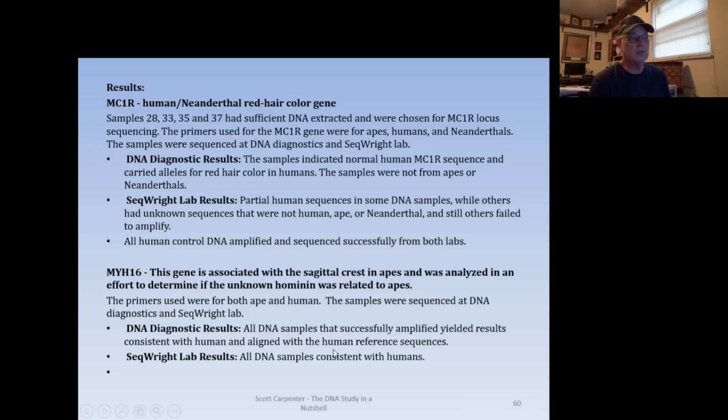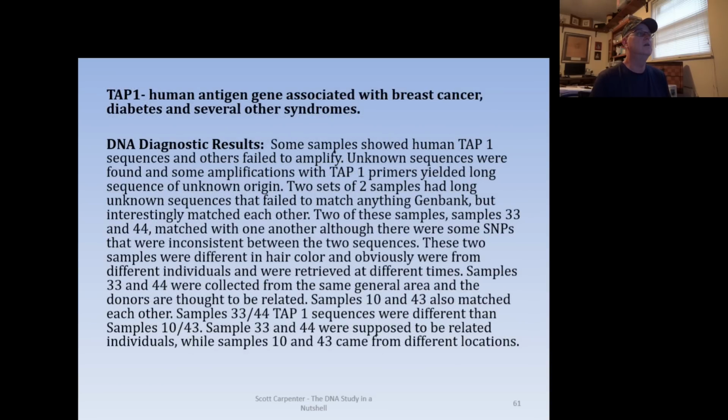In other words, they weren't apes. In the Sasquatch Lab, all DNA samples were consistent with humans. So both of them again verified themselves. They were both consistent for humans, so it's not an ape. It doesn't have the sagittal crest gene.